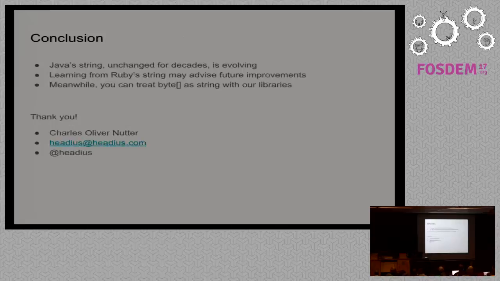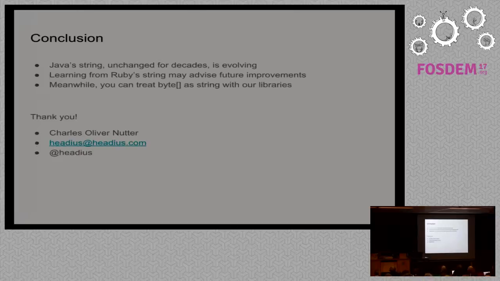Okay, so wrapping up. Java string, really unchanged for decades as far as the internal implementation, is starting to evolve some of these features, like the support for compact ASCII strings and so on. Hopefully that process will continue and we'll get a more robust string that cuts some of that overhead out for us.